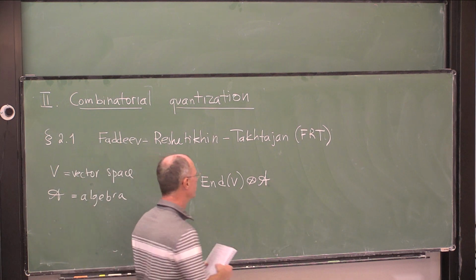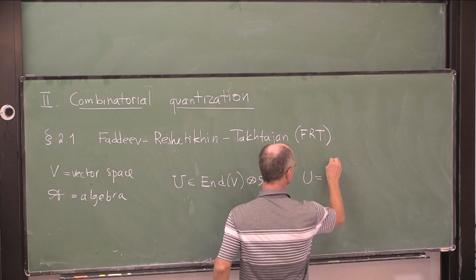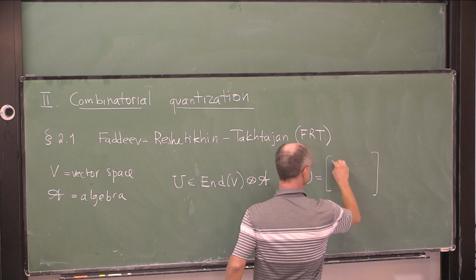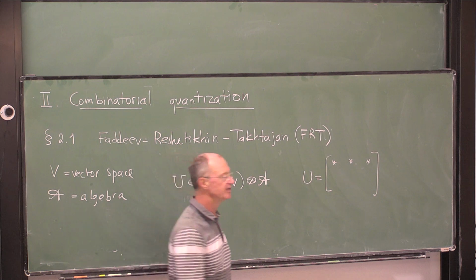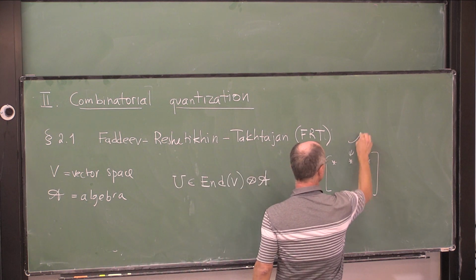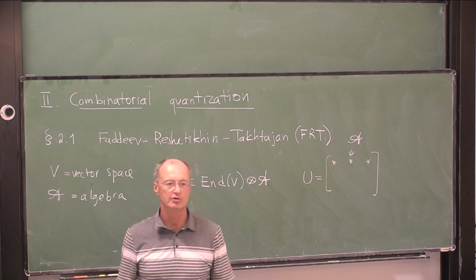So this means that in practice this U is a matrix, and in that matrix the elements are elements in your algebra.